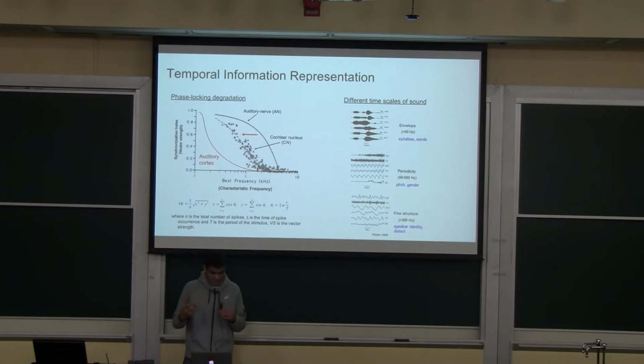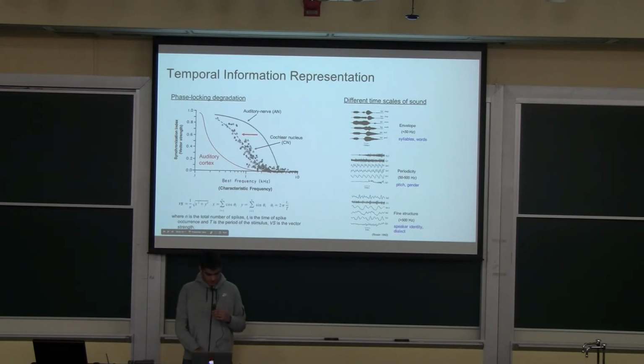When we're trying to represent the temporal information in speech, one idea is phase locking degradation. If we talk about the auditory nerve, on the x-axis you have frequency, and on the y-axis you have vector strength, which is a quantitative measure of phase locking.